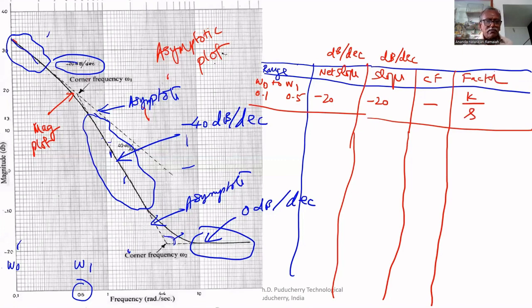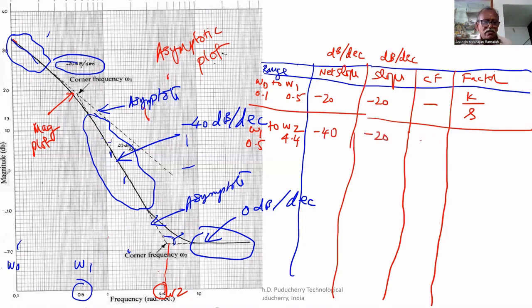The next one is where the slope changes, from omega 1 to omega 2. Omega 2 is here. Omega 2 is 4.4. From 0.5 to 4.4, the slope is minus 40. The change is minus 20.